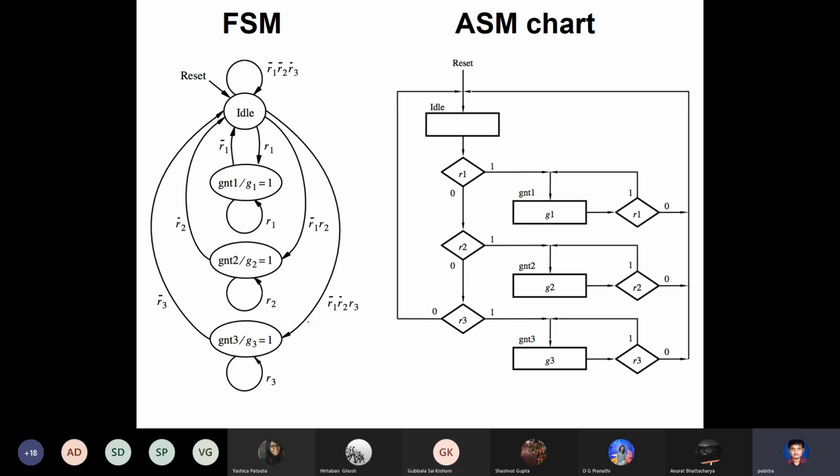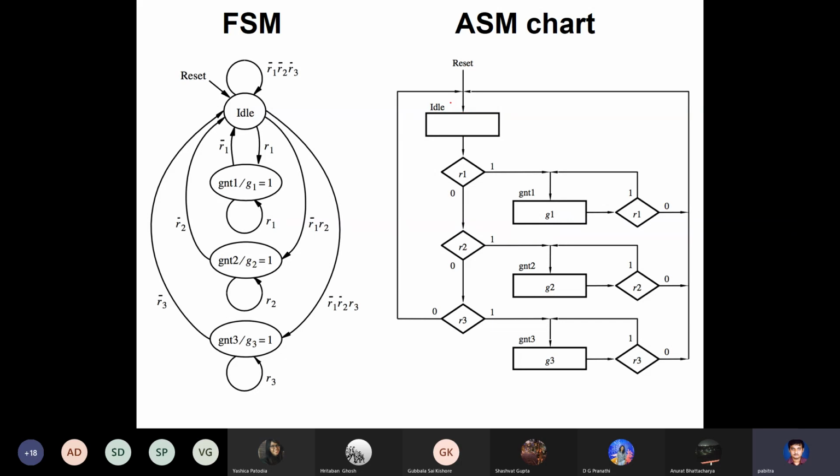So let's see what the ASM blocks are. Note again that an ASM block can only have one incoming path and may have multiple outgoing paths. So can you tell what the ASM blocks are here?